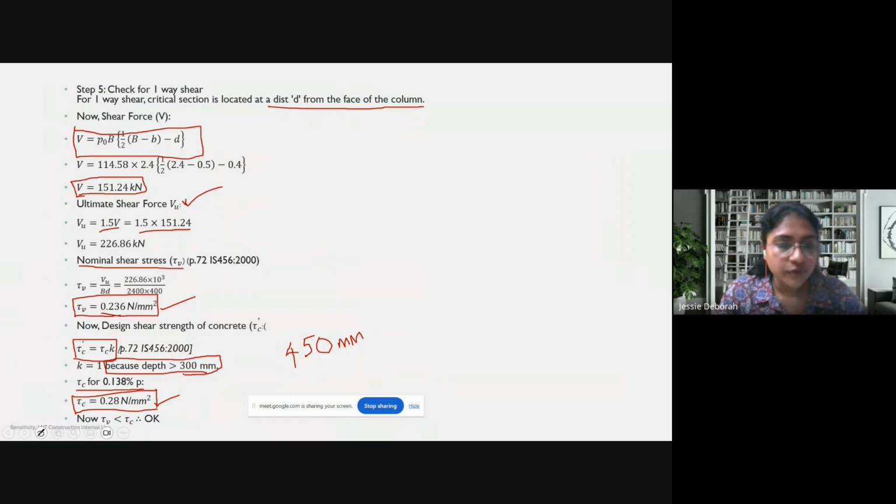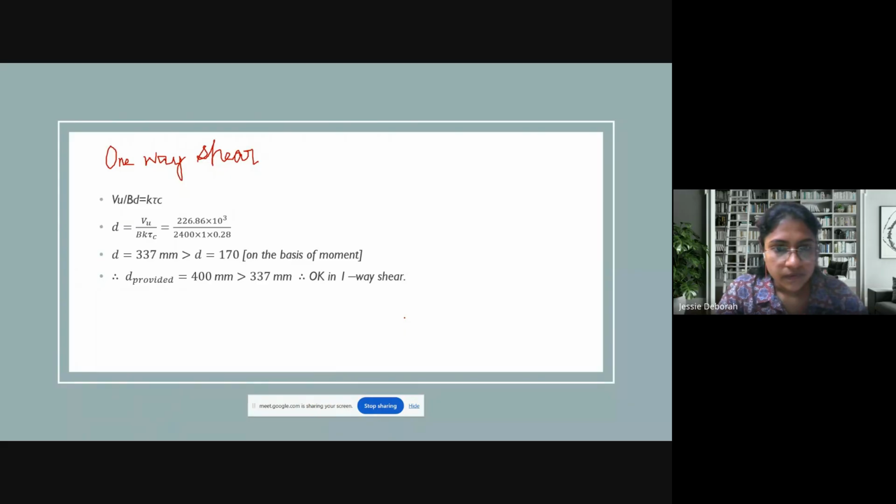Now, what are we doing here? We are checking if the depth is okay for shear. This is the formula to calculate your depth: 226 into 10 to the power of 3 divided by 2400 into 1 into 0.28. Based on the calculation for shear, the depth is 337.